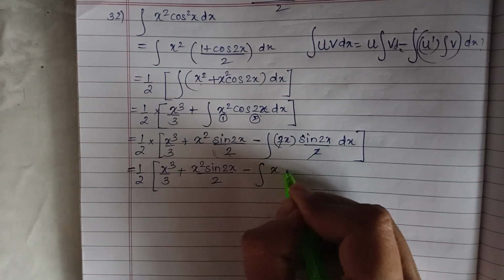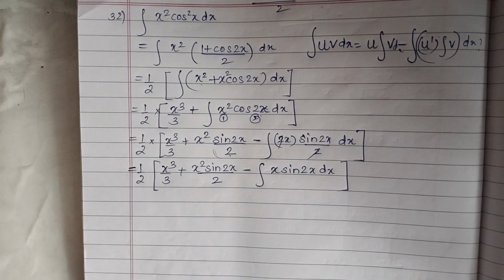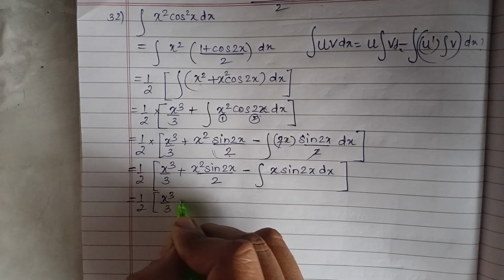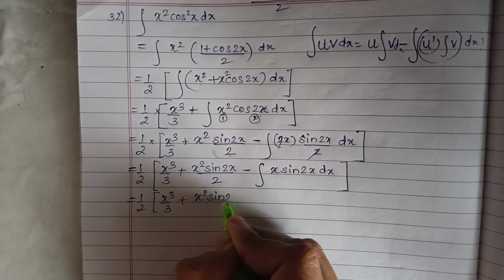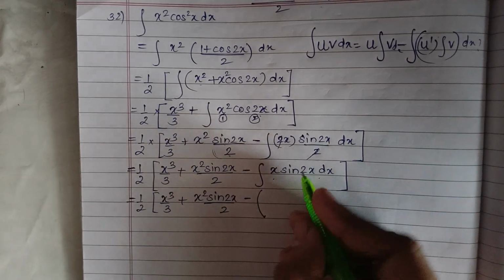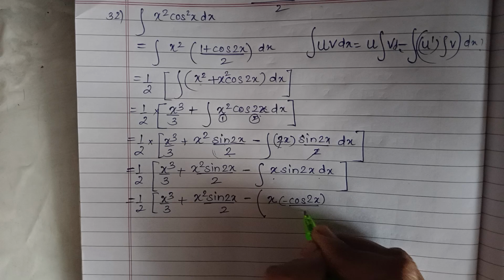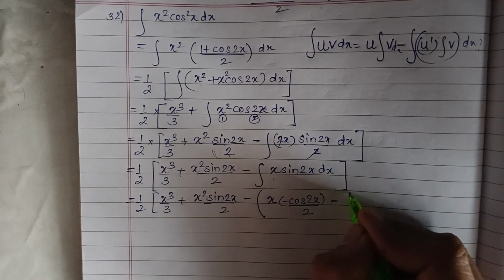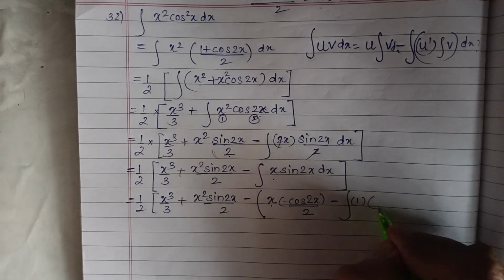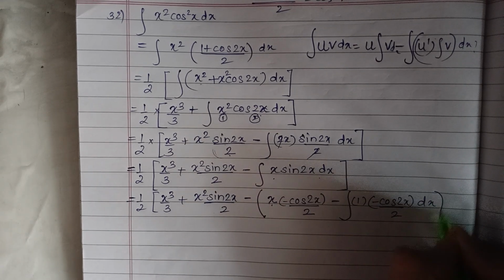So this becomes x sin 2x dx. Again integration by parts. Minus is outside. x into minus cos 2x upon 2, minus integral derivative of x is 1 and minus cos 2x upon 2 dx.